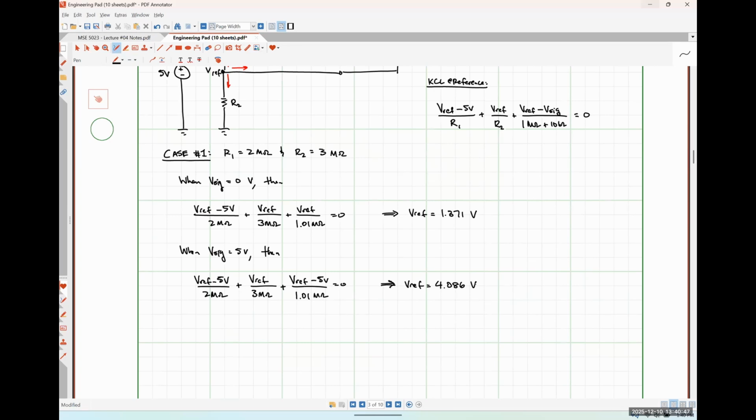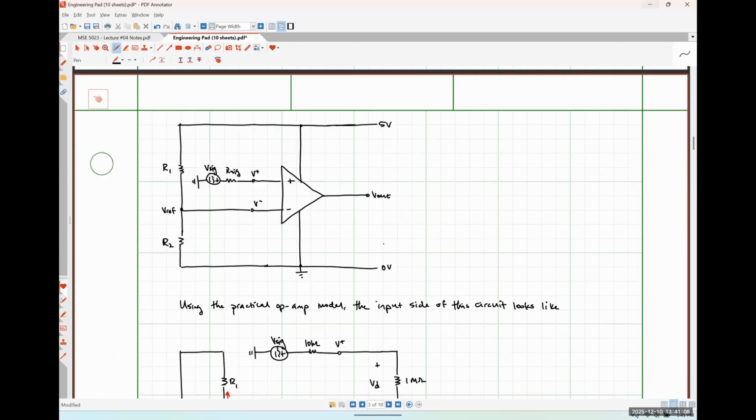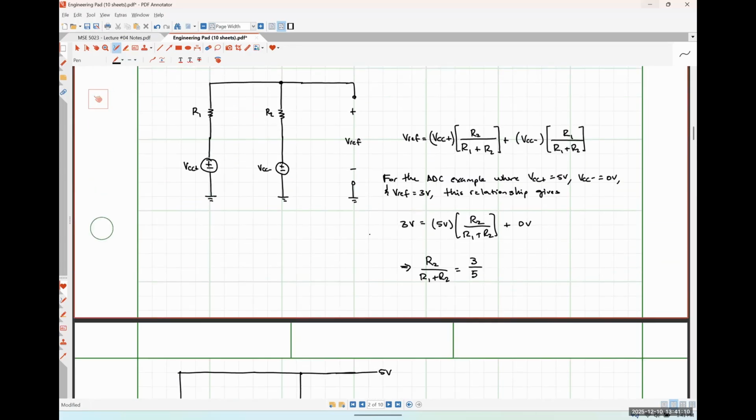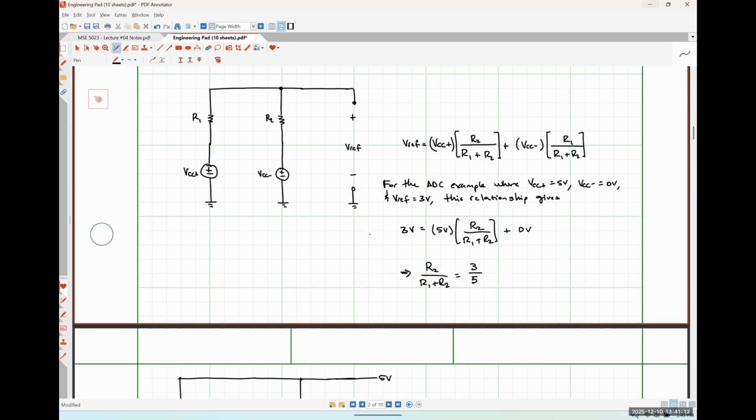Okay. So if we have these resistors that are comparable to the size of the input resistance of the op amp, we introduce a significant amount of error into our system because what we are expecting with this voltage divider network, if we scroll back up here, is that it's being loaded by something like an open circuit.